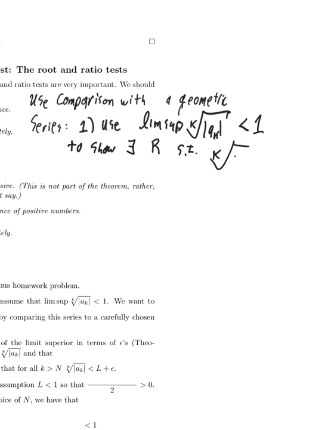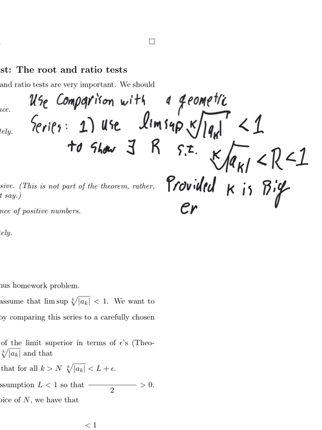The kth root of the absolute value of a_k is less than r, which is less than 1, provided k is big enough.